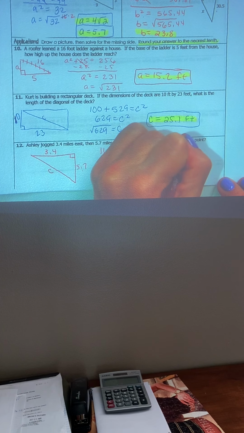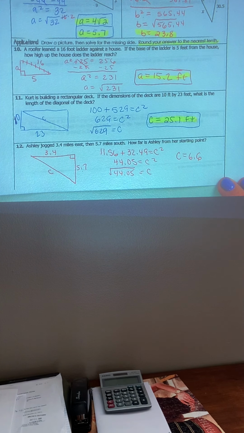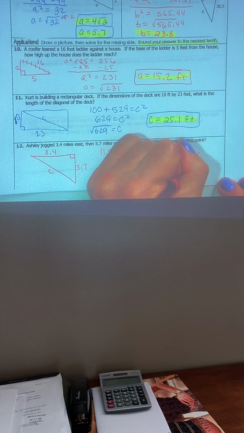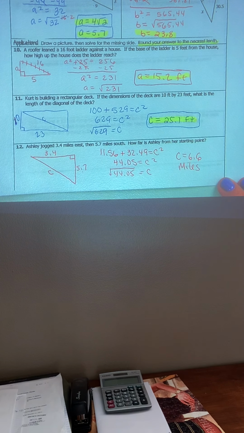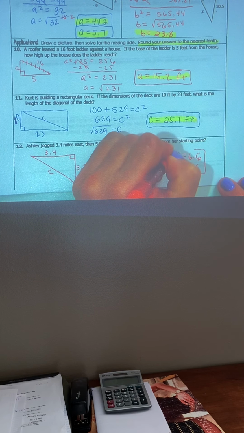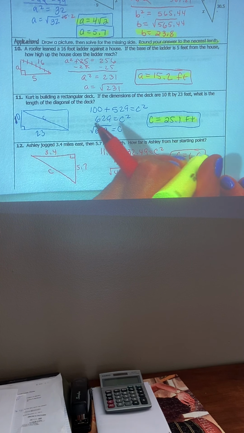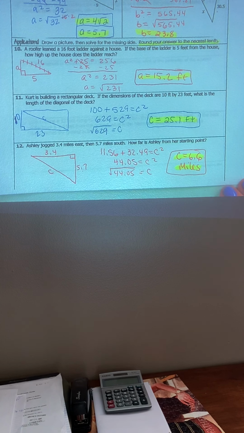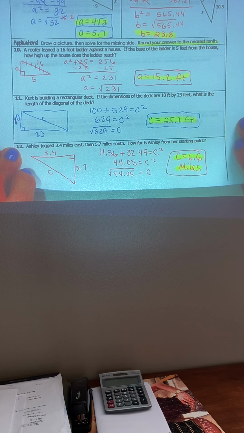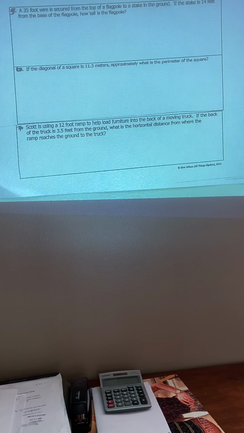Now, what are we talking about? We're talking about miles. And there are some application problems. Okay. So practice a couple more, and then we should be good.